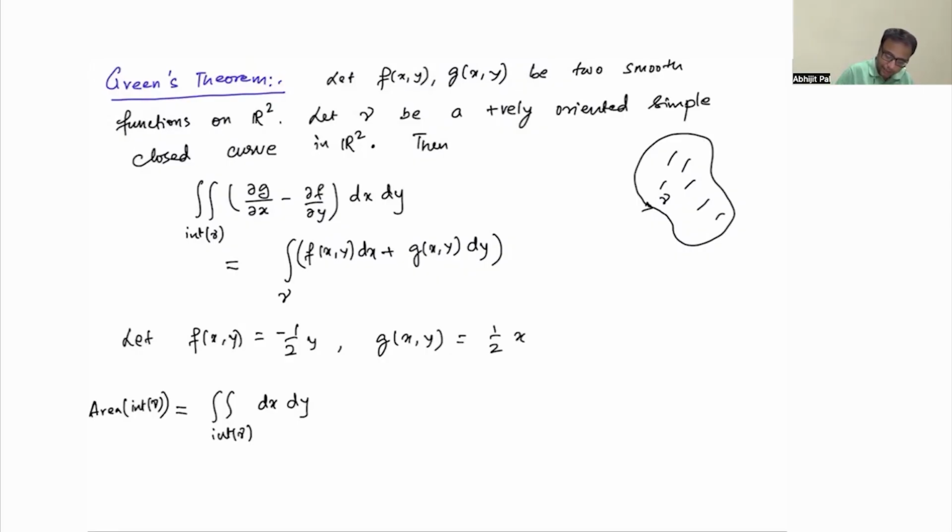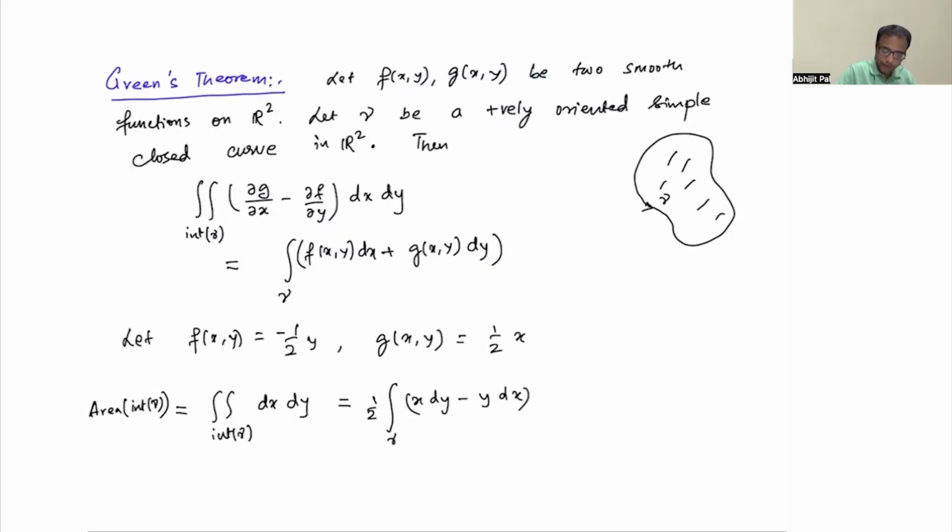So this area is equal to this double integral, which will be equal to half of the line integral of x dy minus y dx. We'll be using this formula for the area.